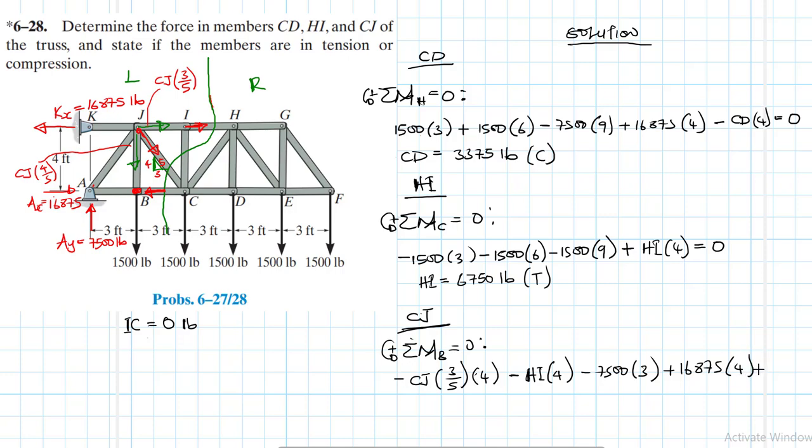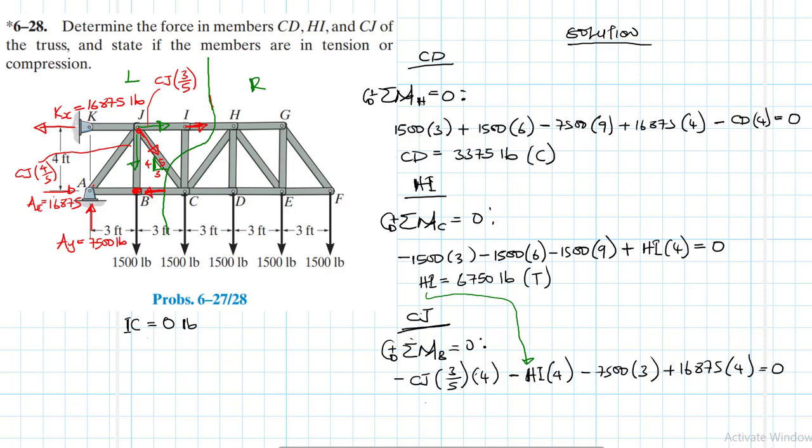These are the only forces, right? The 16,875 is Ax. Ax is not going to cause a moment. So we already know what HI is, so we just replace it there.